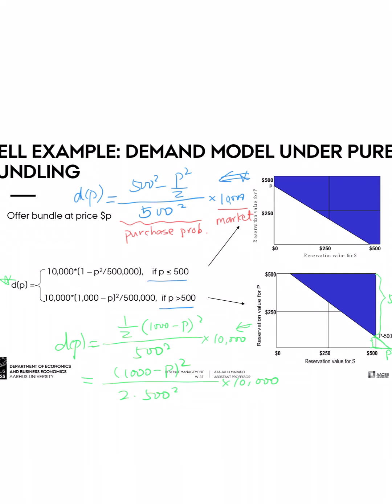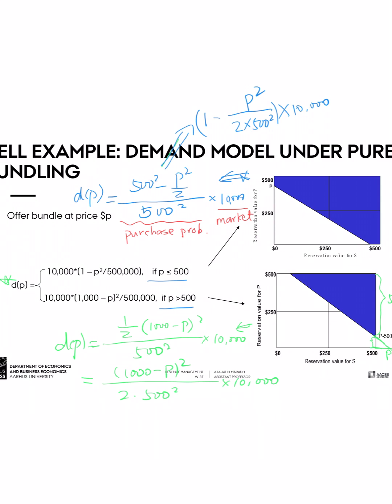When P is less than 500, we can also rearrange it a bit. Here we use blue color. We have 1 minus P squared divided by 2 times 500 squared, times 10,000. This is the same as the first part of this demand function. That's how you get this demand function.